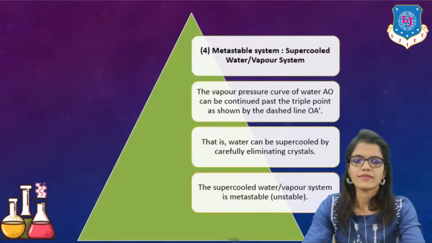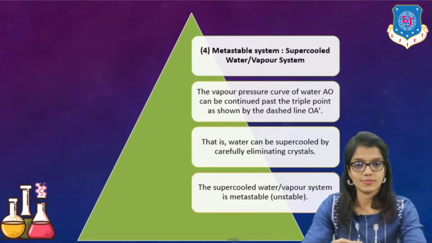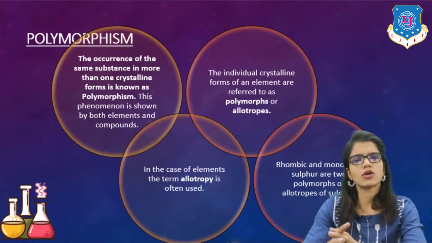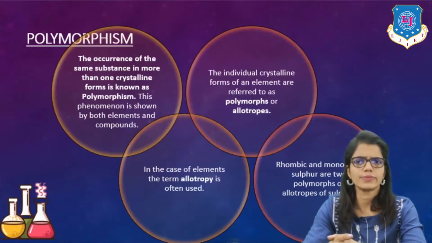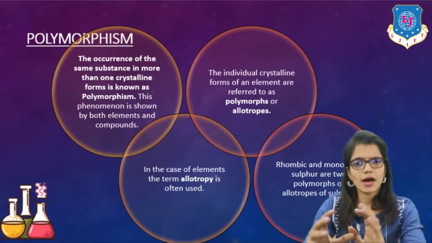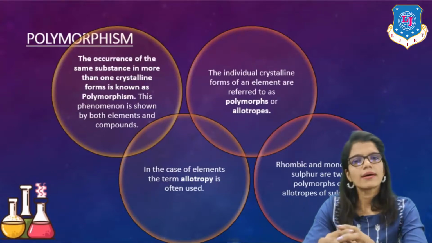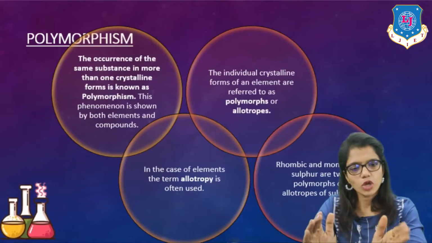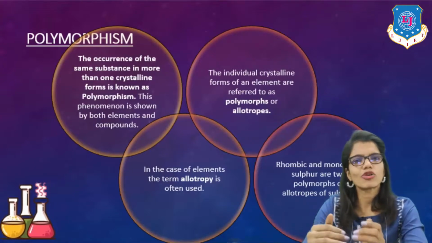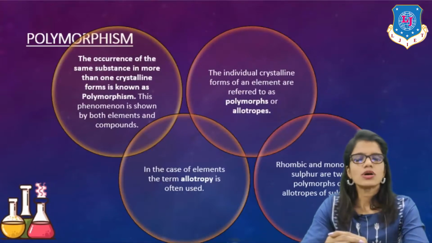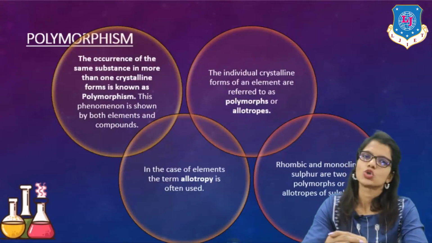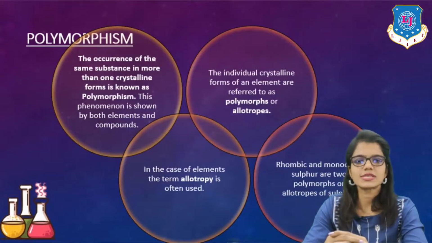This topic is polymorphism. What is the meaning of polymorphism actually? Polymorphism comes from the word morph. So the occurrence of the same substance in more than one crystalline form is known as polymorphism.